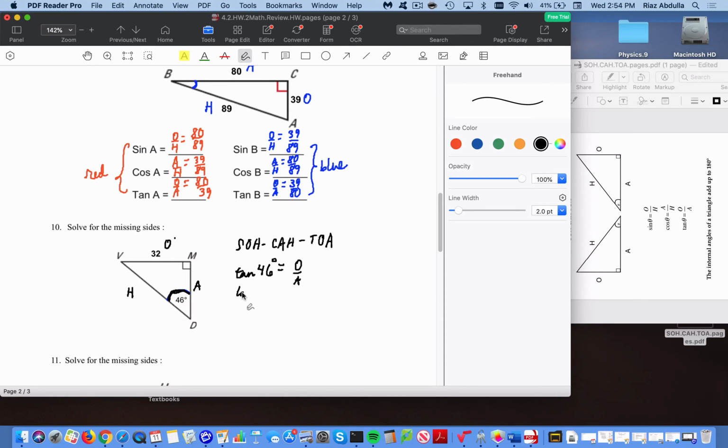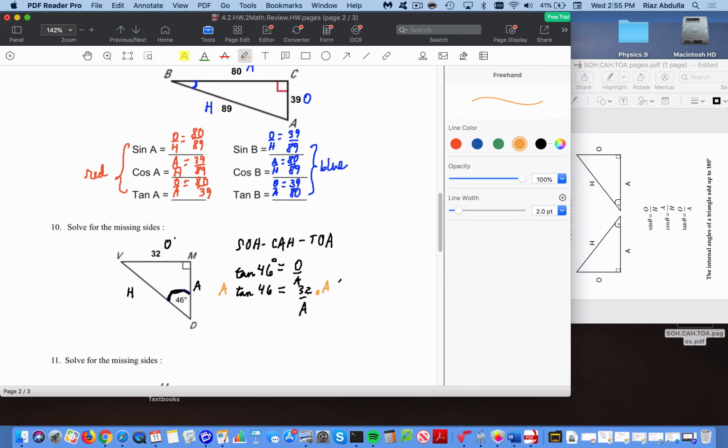So that is that the tangent of 46 is going to equal 32 divided by A. And now to simplify, I'm going to multiply both sides by A because it's on the bottom.